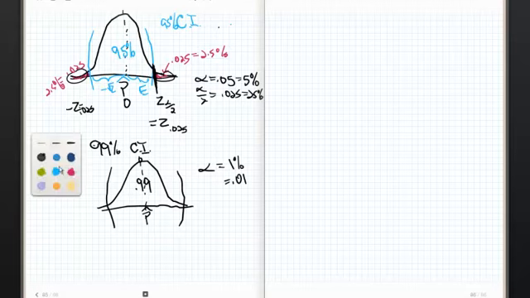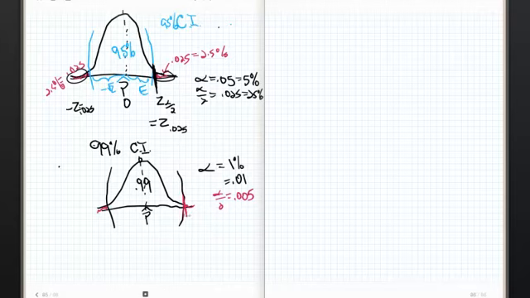But because this is split in half, these areas right here, alpha over 2 is going to be 0.005. And we refer to this boundary of the interval as, in this case, Z sub 0.005, and this one right here as negative Z sub 0.005. Because if I add them together, I get 0.01, which is 1%.